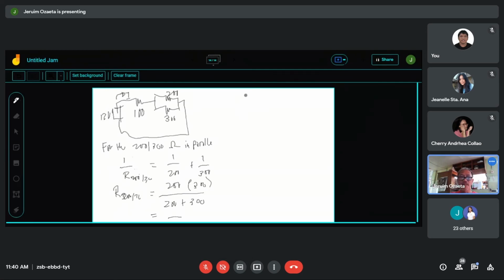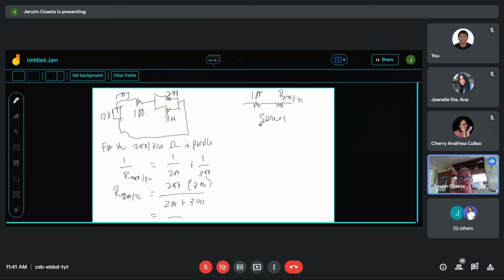Now resolve to get the resistance for this 100. This is the R200, 300. So this is in series.